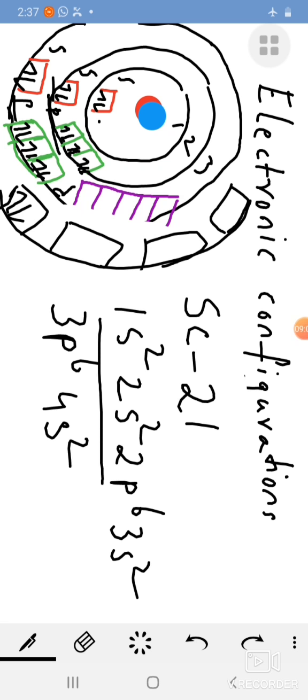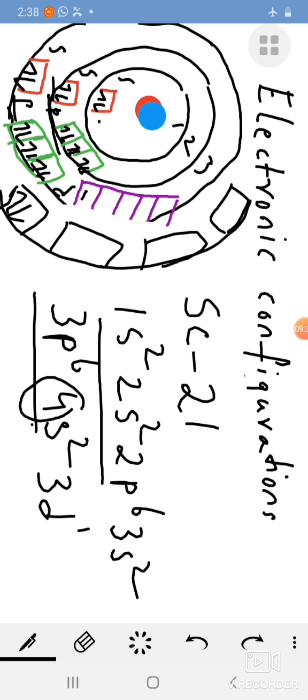Here 20 are completed, the 21st electron enters 3d1. Scandium is present in the fourth period. The higher energy level indicates the period number.